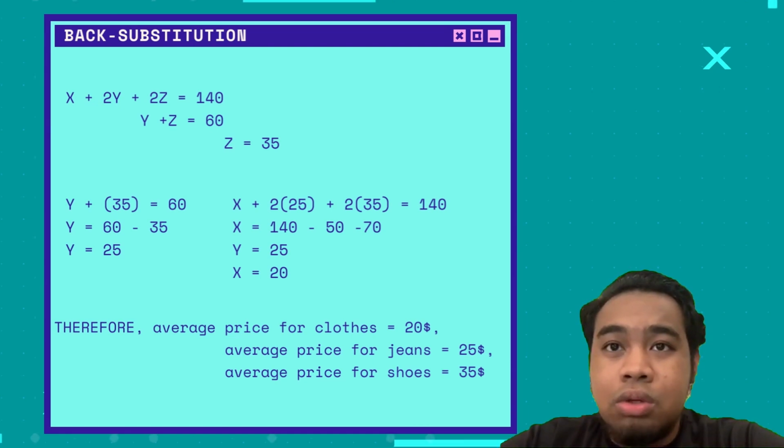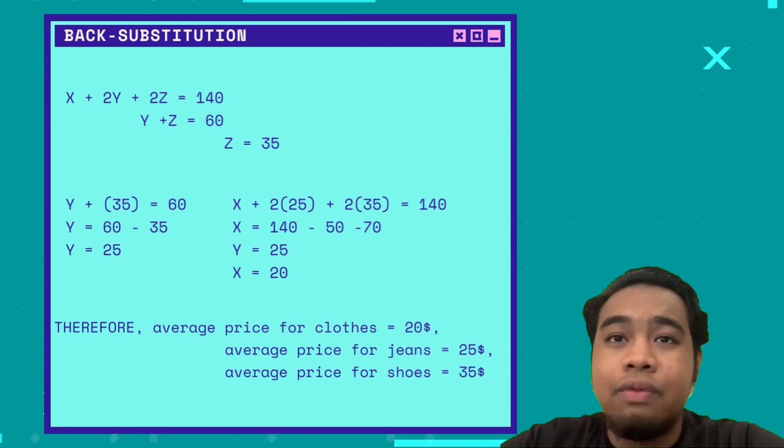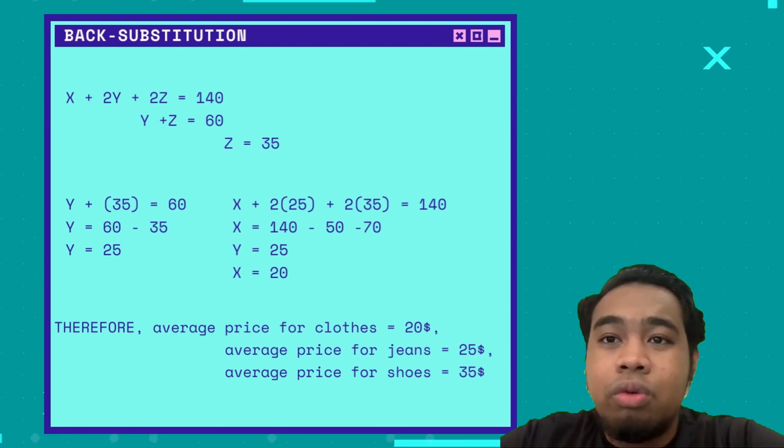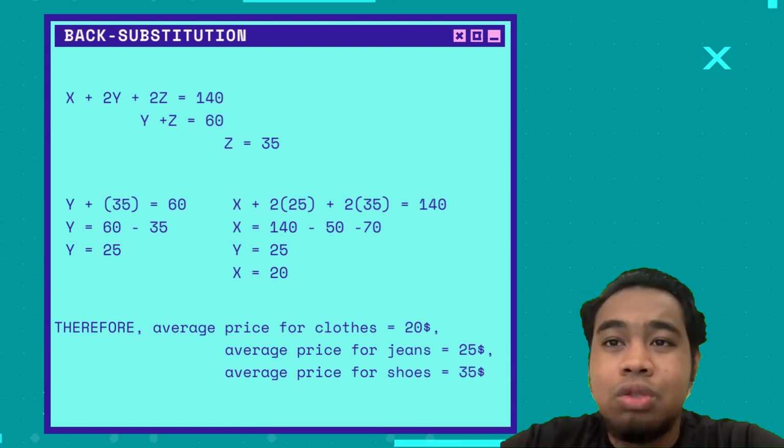Then we substitute the value of z into the second equation, which is y plus z equal to 16, and we get y equal to 25. Then we substitute the values of y and z into the first equation, which is x plus 2y plus 2z equal to 140. So we get the value of x is 20.